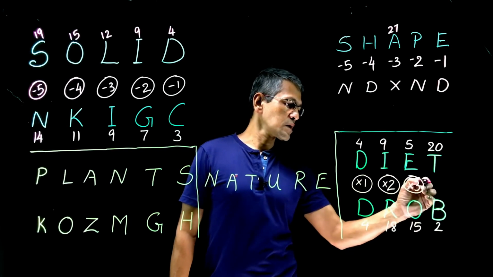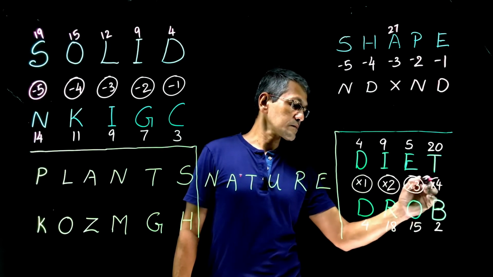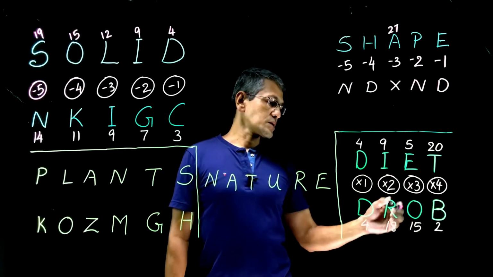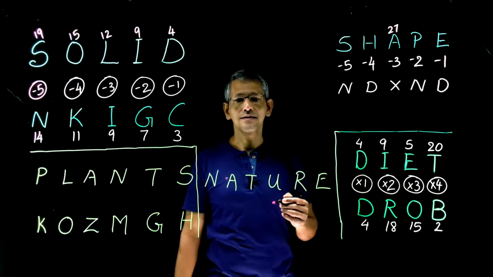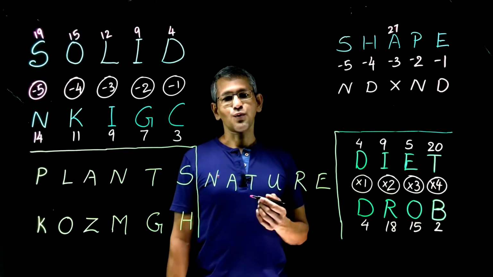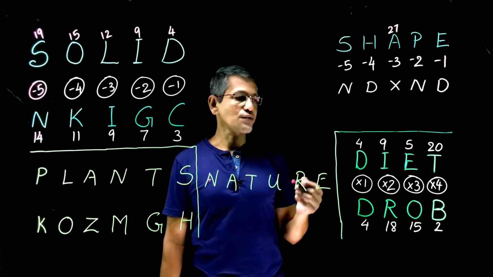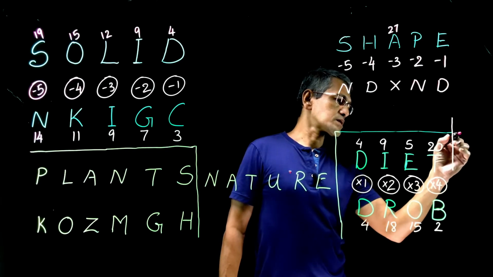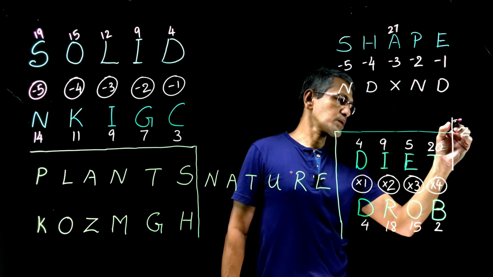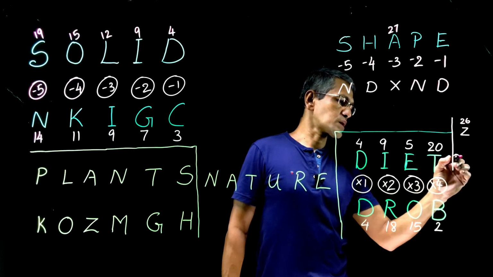The next one must be, if that is a pattern, into 4. Well, in that case, 20 into 4 is 80. Which one is the 80th letter? That's a question. The best way to find the 80th letter, usually what I do is this: Z is 26, the next Z is 52.